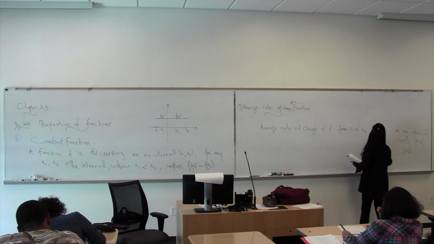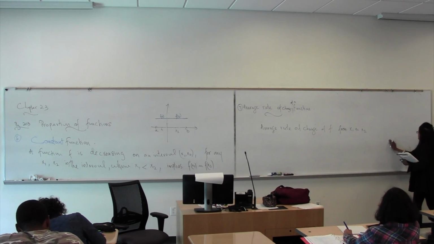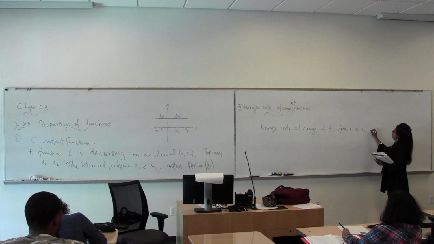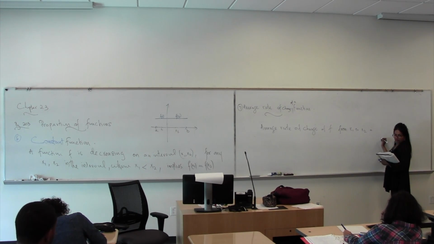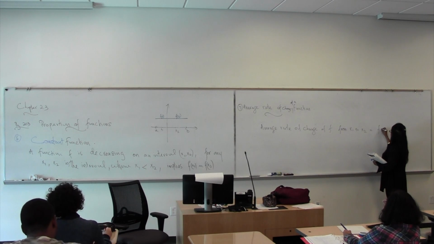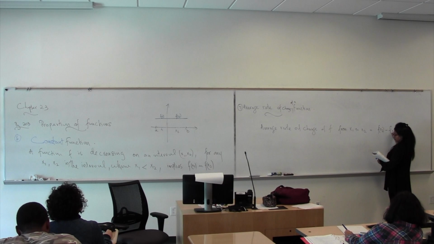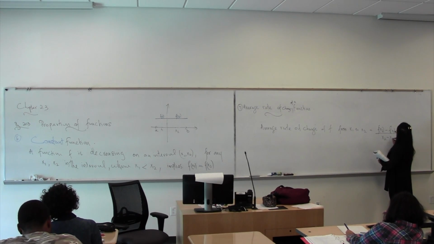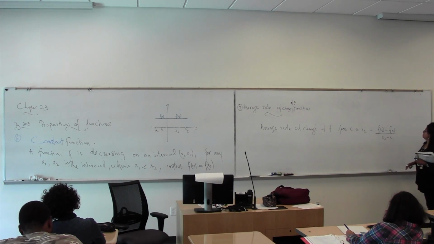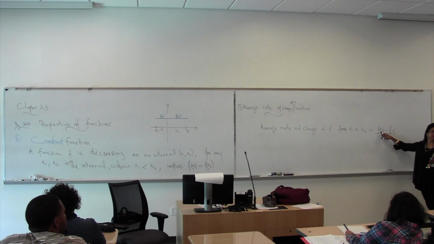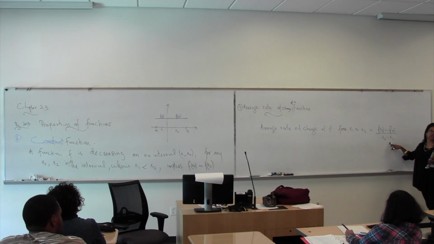So within two given x values, domain values, we can find the average rate by using this formula. What is this value called? This is y2, right? Remember the y value? y2 minus y1 over x2 minus x1.